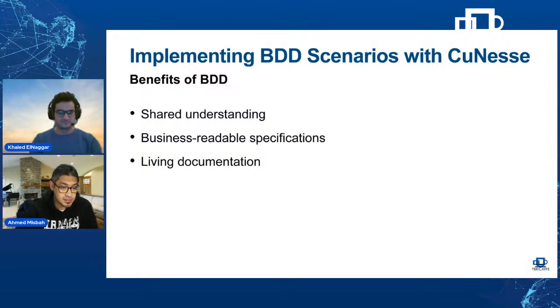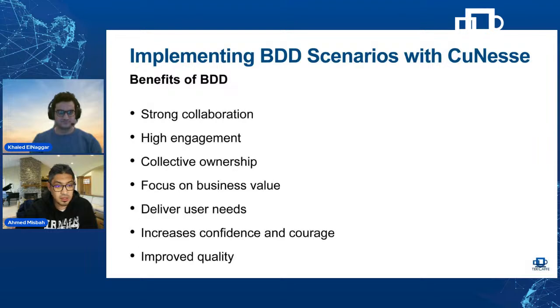And the reason why we like talking about benefits is that they act as a measure of how good your BDD practice is. So if you're not getting these benefits, if BDD is not delivering on this promise, it's not a problem with BDD. It's definitely a problem with how BDD is being practiced.